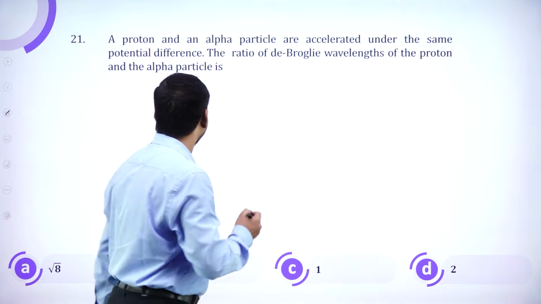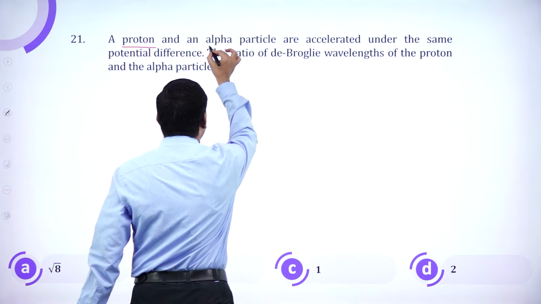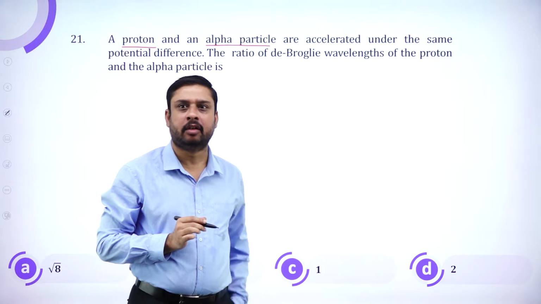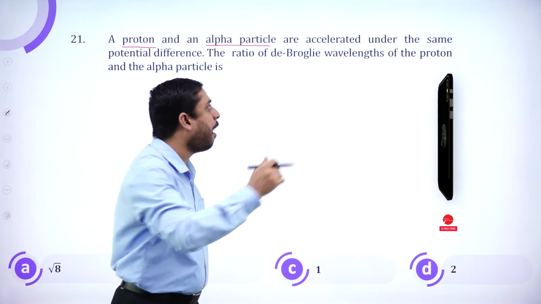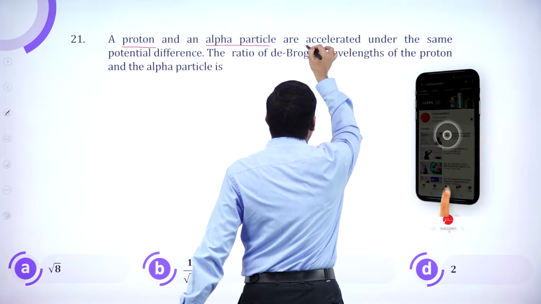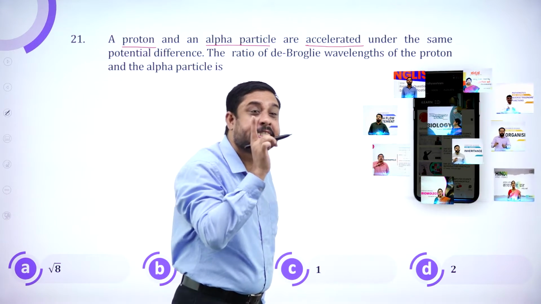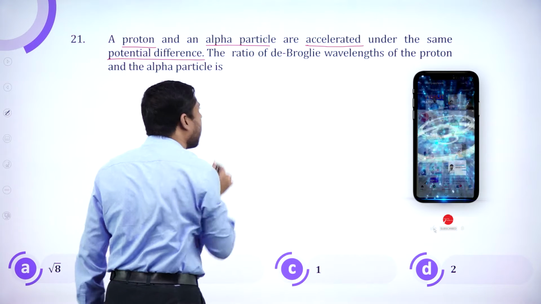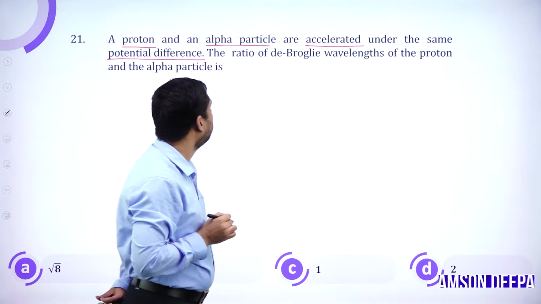Next question. A proton and an alpha particle are accelerated under the same potential. Very important, same potential difference.